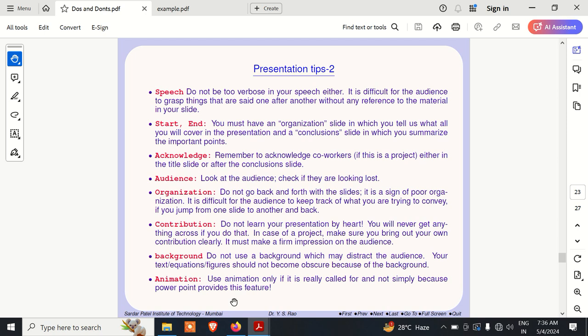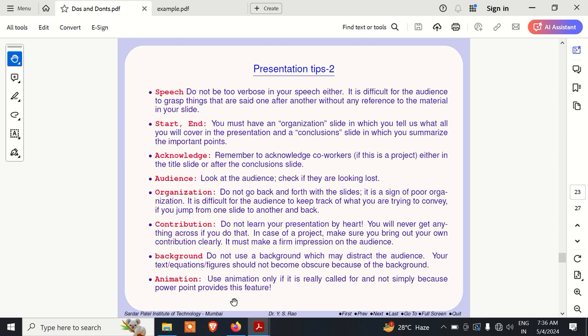When you prepare your presentation, there will be a start, there will be an end. Make sure the start of your presentation is about organization of your slides, and the end of your presentation could be some conclusion about your contributions, summarize. If you have some co-workers, if you have taken anybody's help, nothing wrong.